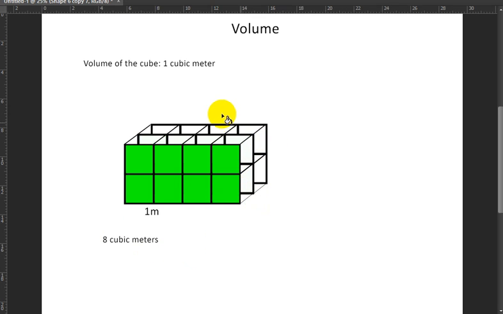Well, now you'd say, since I had 8 before, and now I have another 8, that would be 16 cubic meters.